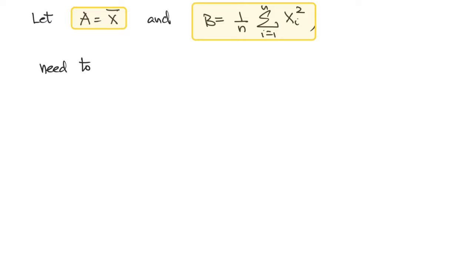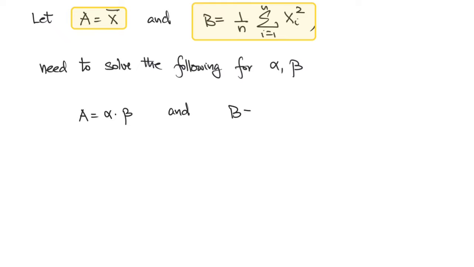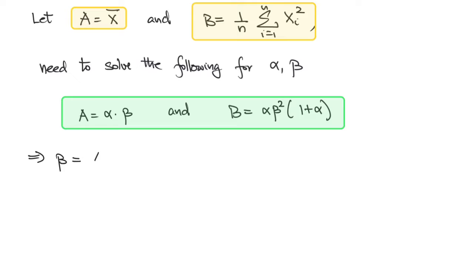We can solve this equation by setting a to be x bar and b equals the second sample moment, and we want to solve for alpha and beta the following equations, that is a equals alpha times beta and b equals alpha beta squared times 1 plus alpha.